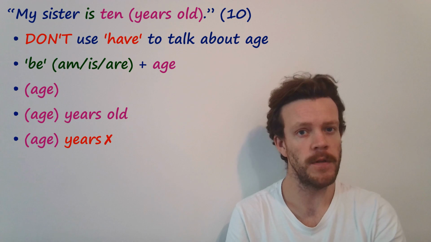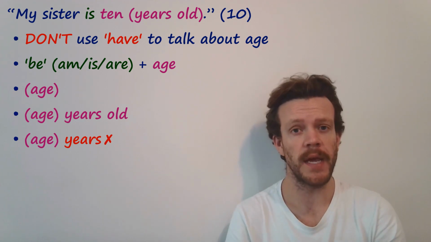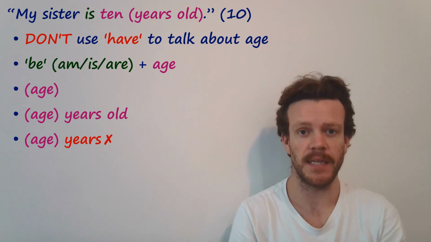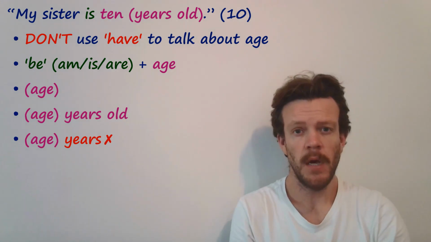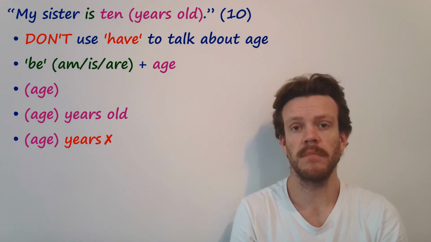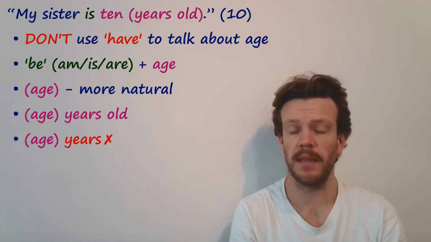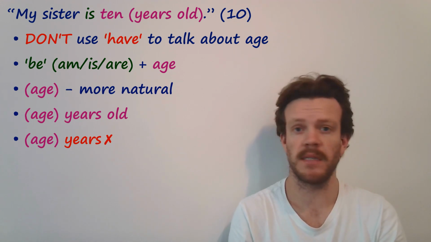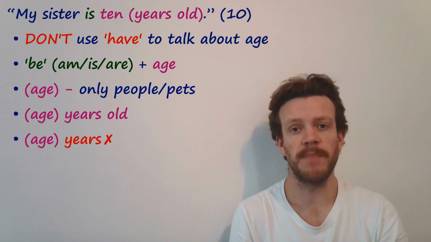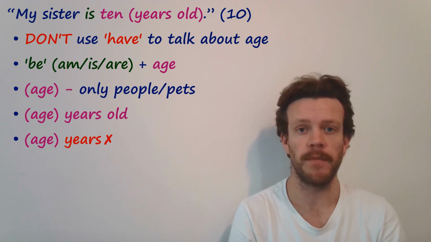Again, be careful because you might do that in your language, so then automatically do it in English. Although you learn to say 10 years old, most native speakers just say the number for people. My sister is 10. Just be careful because that's only for people.